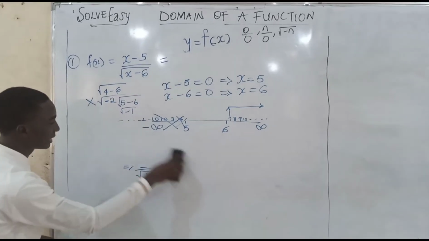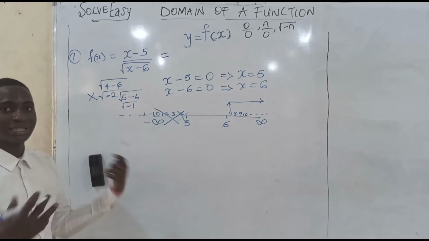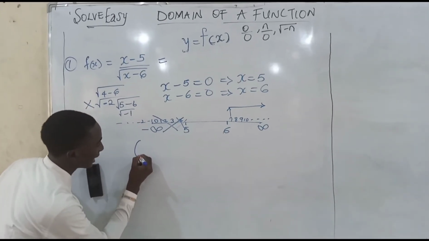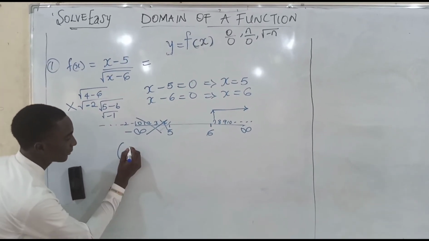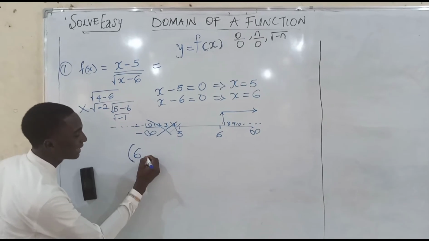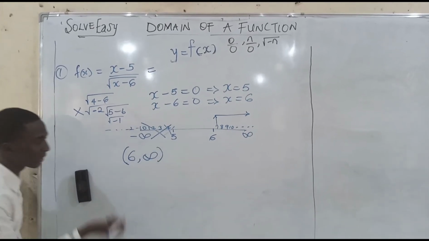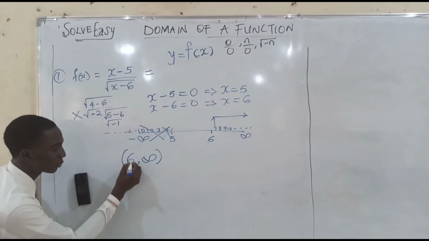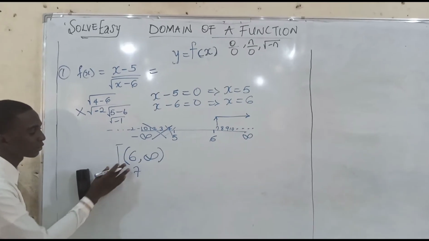Now, if we are to use this in bracket form, we have to open our brackets and say the values start from 7 and end at infinity. Now remember what I taught us, because it's an open bracket, it starts from 7, not 6. If it were a closed bracket, it would start from 6.